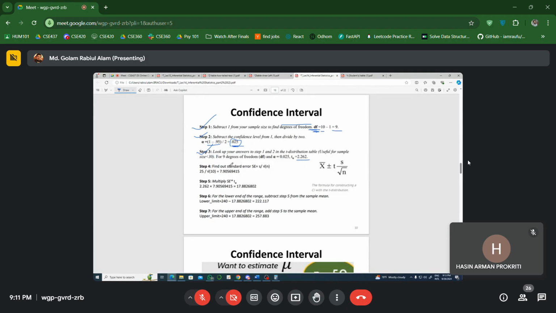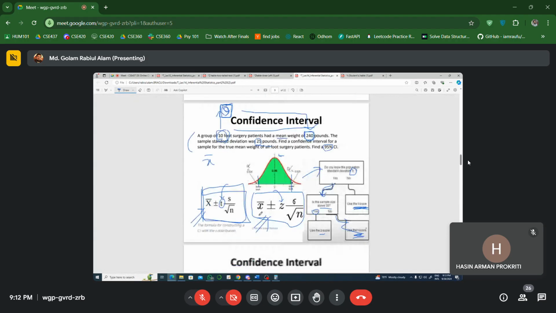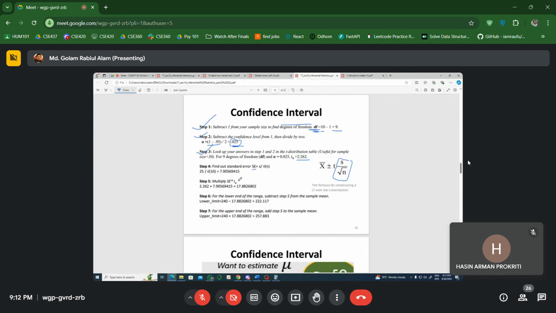Now we have to find the standard error. The standard error is S divided by the square root of n. S is our standard deviation. In this case, it is given as 25 pounds, so S is 25, divided by the square root of the number of samples.